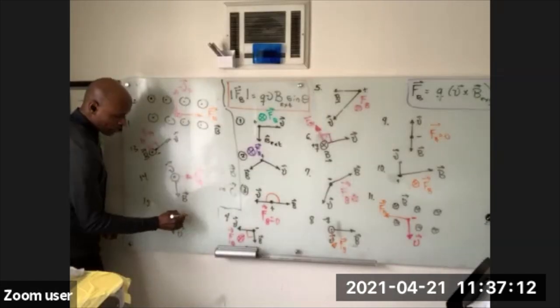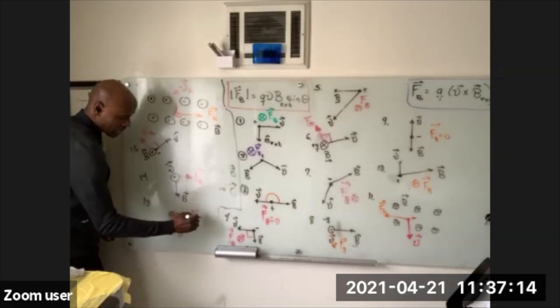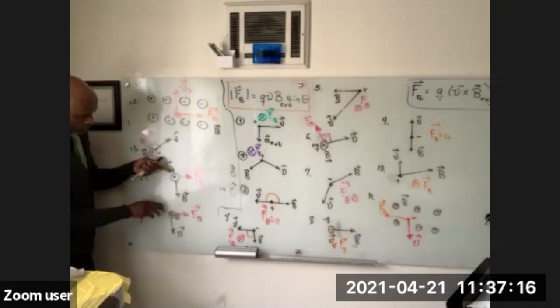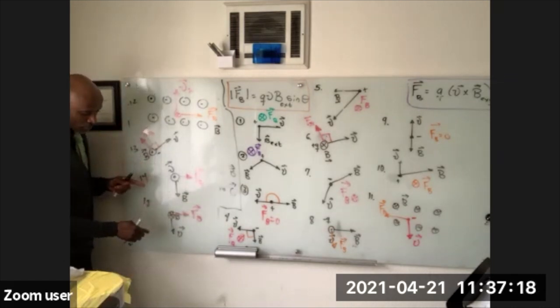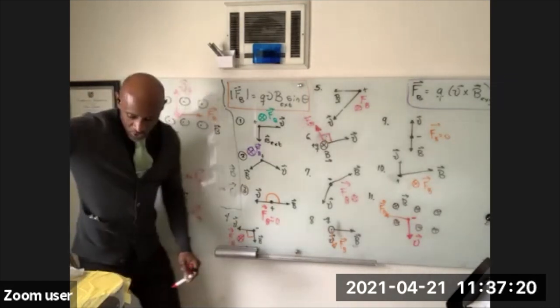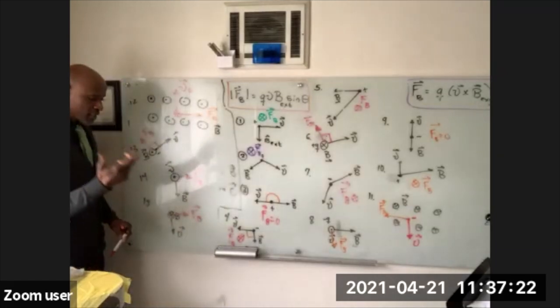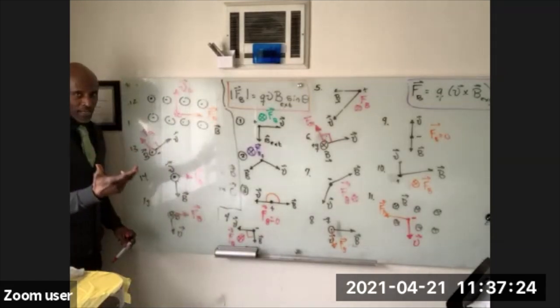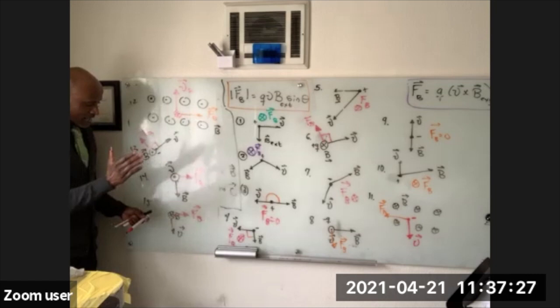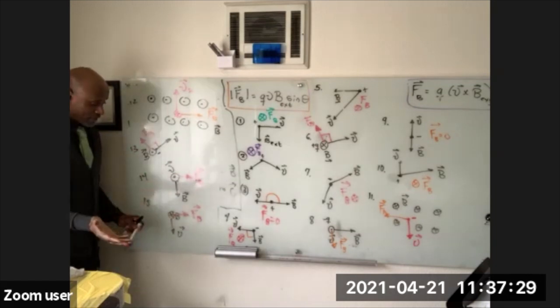Yeah, it's also to the right. So you can't look at it and tell. These are two different orientations of V and B, but they're both pointing to the right. V cross B is also to the right. So you have to master this right hand rule. You can't just look at it and tell. You have to go through the process.